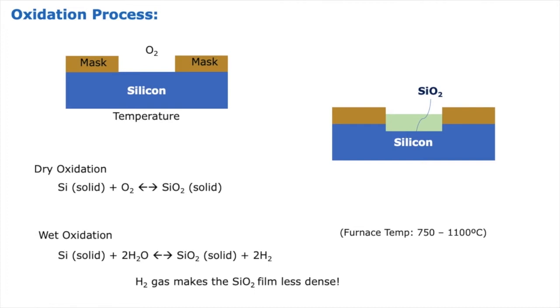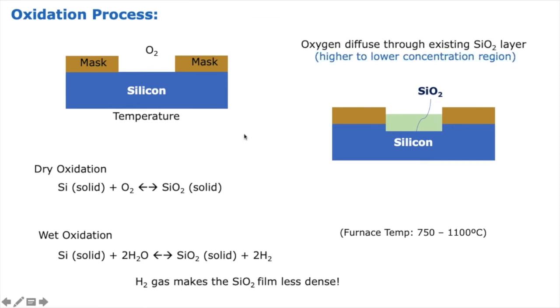So its properties may not be very good like thermal silicon dioxide. Which I already said, oxygen oxidizes the first layer and then again diffuses inside. That's how oxygen moves from higher to lower concentration region, and then it gets oxidized, right?